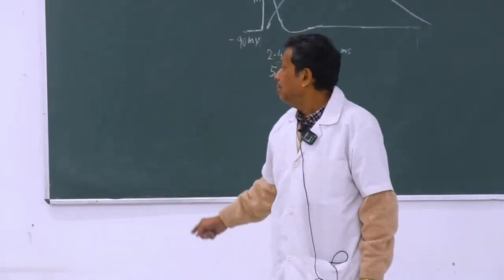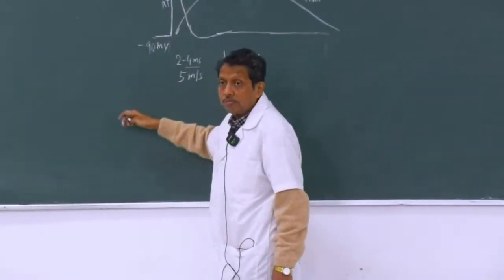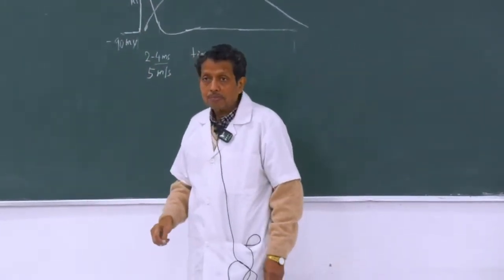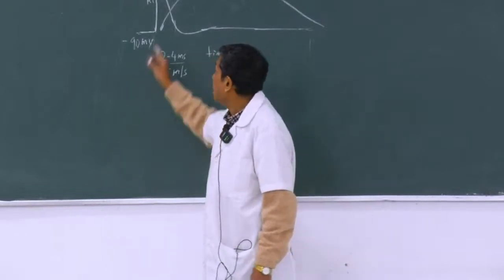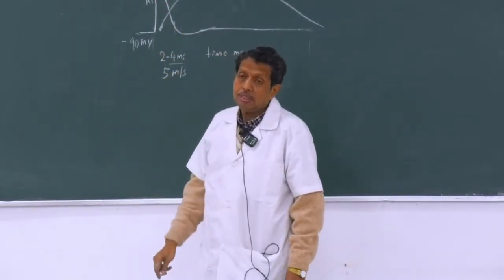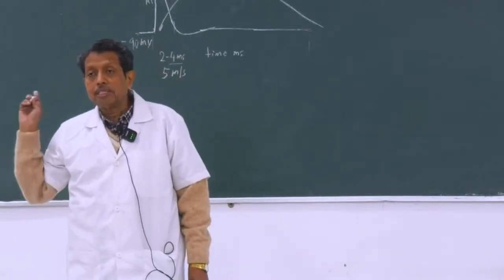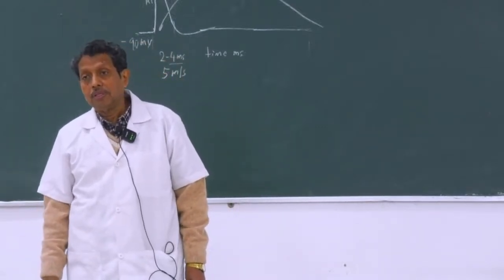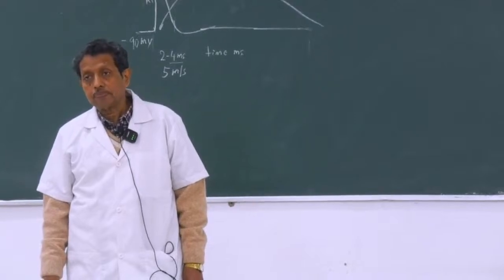Sodium ion is responsible for depolarization, entry of sodium ion through the voltage gated sodium channel, similar to that of the nerve, and exit of potassium ion is responsible for the repolarization. It is the same.